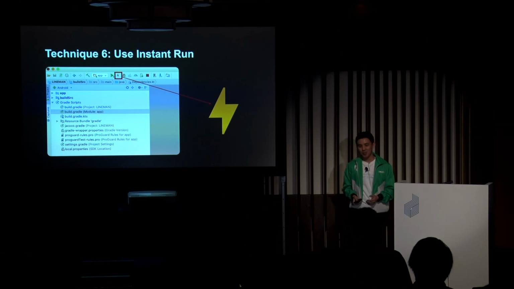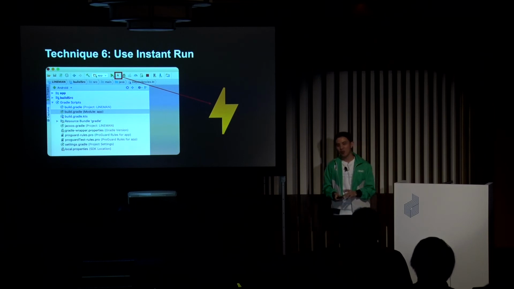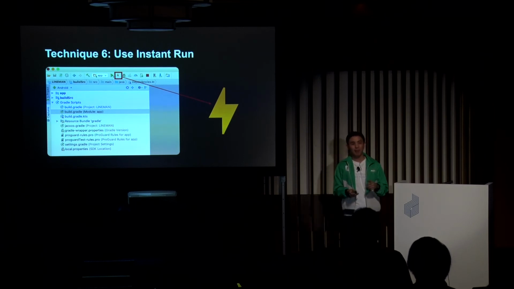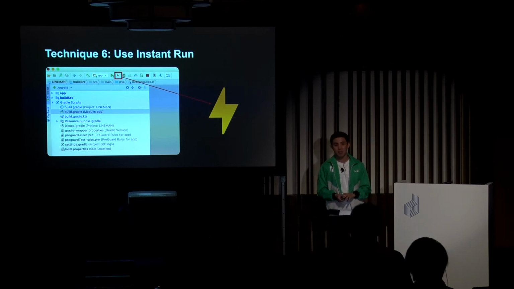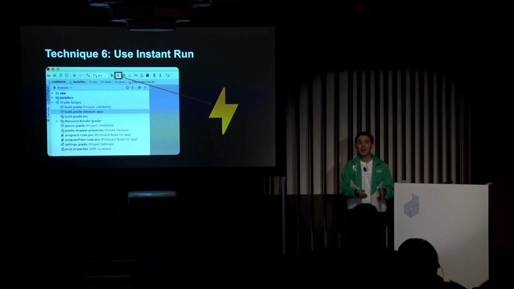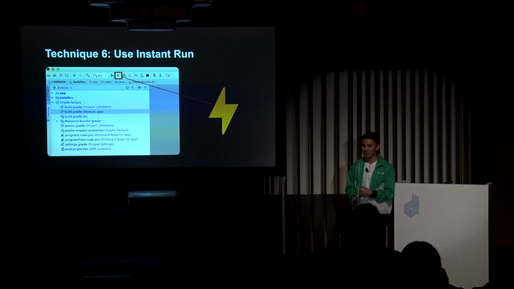When you run your app, Android Studio will try to do the code swap, and you have to restart your app every time you run the code swap. If you press the play symbol, you have to restart the app every time. Sounds terrible. Because maybe you test your app on screens 5, 6, 7, and you have to restart everything.